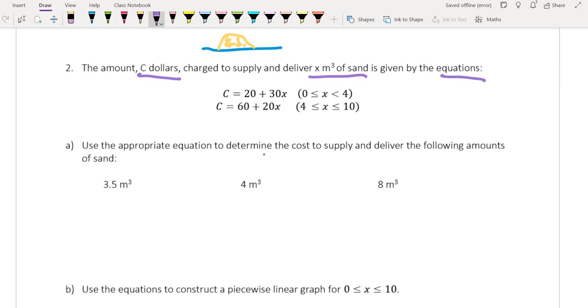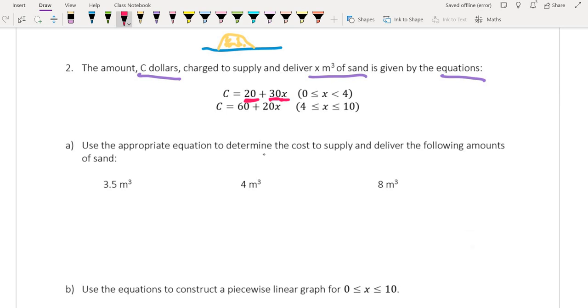Now, why are there 2 equations to show the cost of sand? If we look at the domain here, in the first part of the equation it looks like we are paying $20 no matter how much we order, and every time we order a cubic meter of sand, we're multiplying that by 30. So every cubic meter we're adding is going to charge us an extra $30.